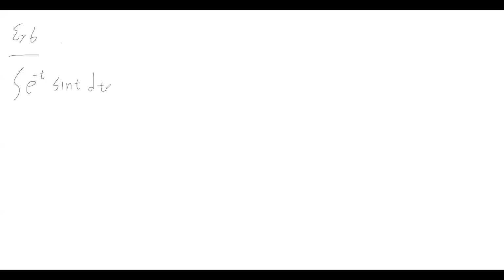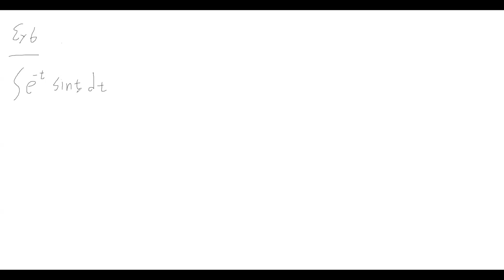All right, our last example of this section is this integral, e to the negative t times sine t. Now notice that we have exponential and trig, and they are both non-disappearing, non-diminishing, because no matter how many times you take the derivative or the integral, it's still going to be there.